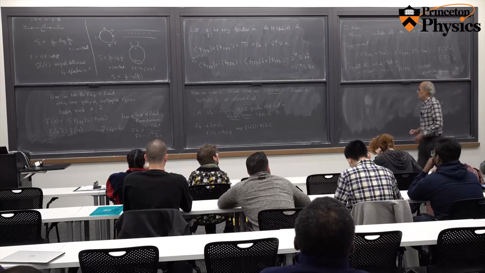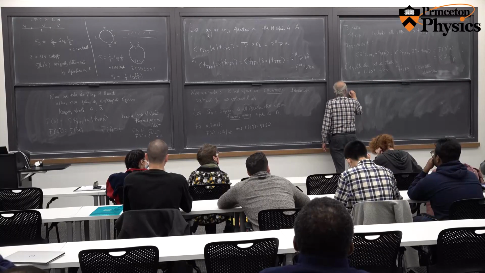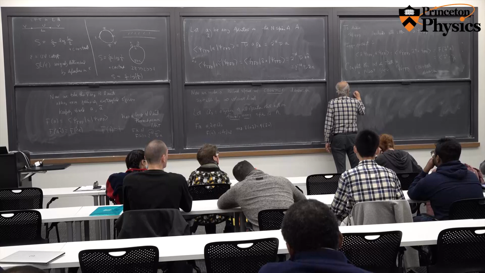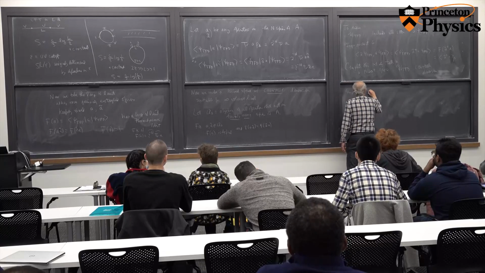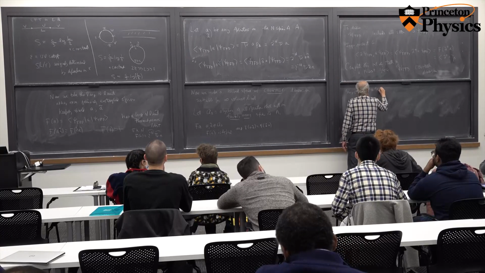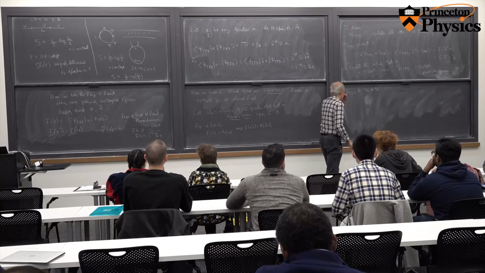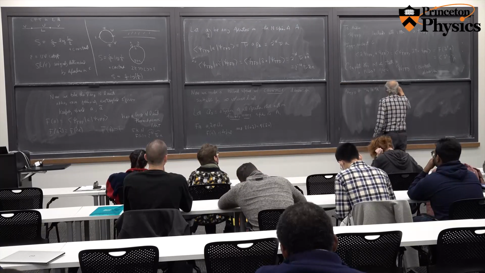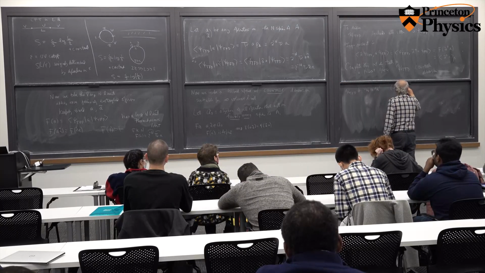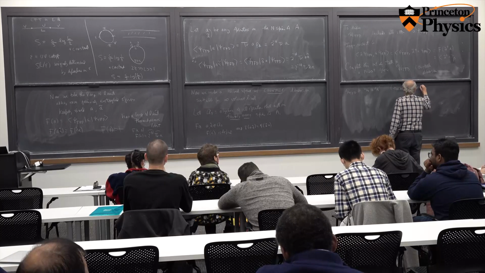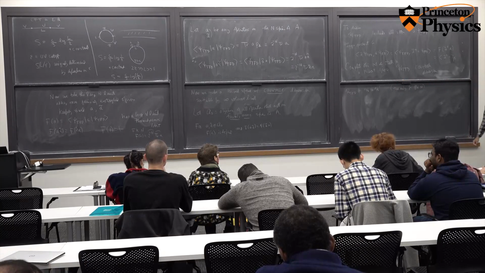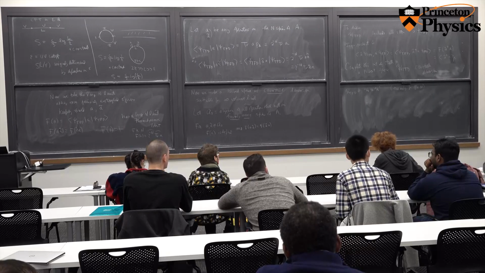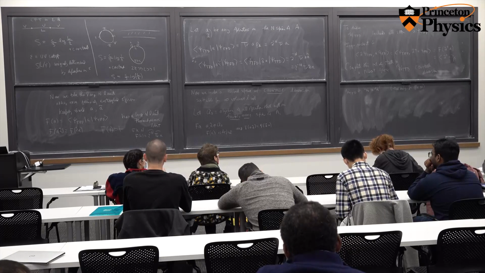So what's not true is that the thermofield double Hilbert space is a tensor product of two copies of the original Hilbert space. That's true only for a finite system. For infinite n, the thermofield double Hilbert space is a new animal.